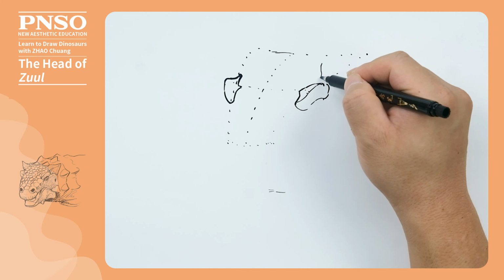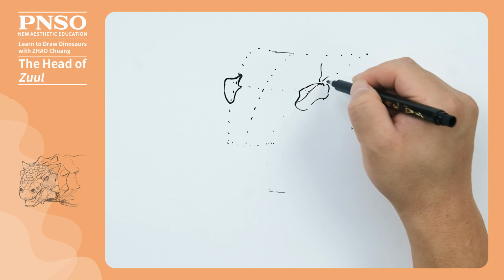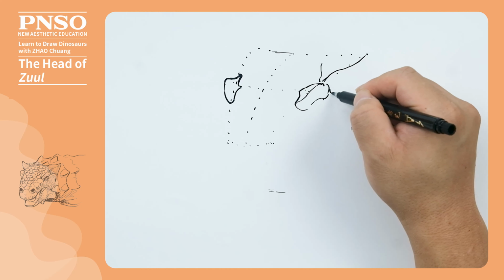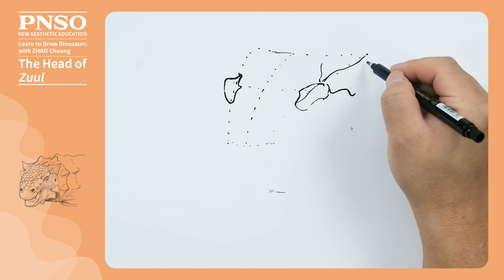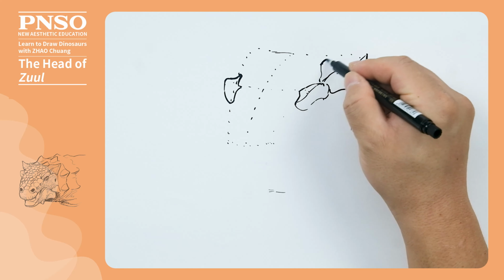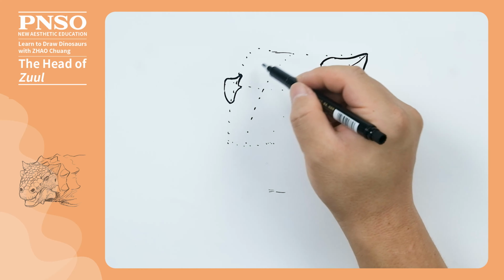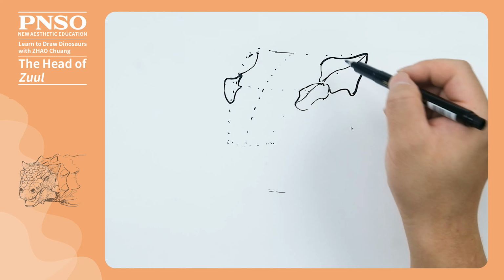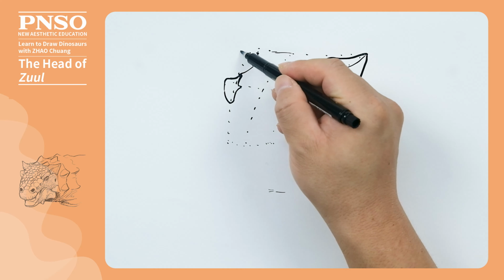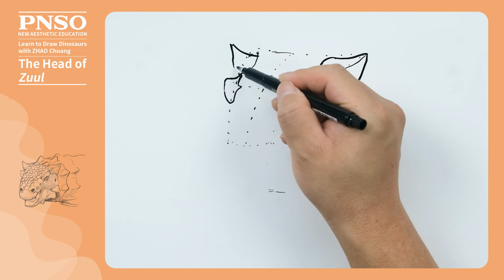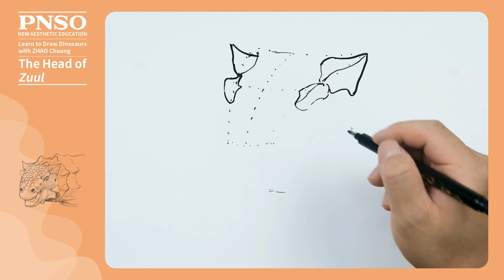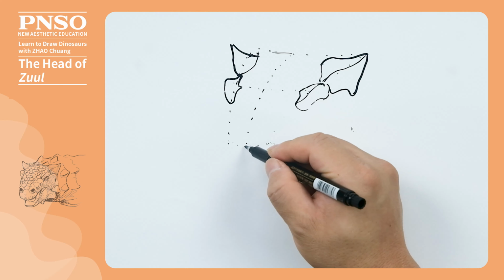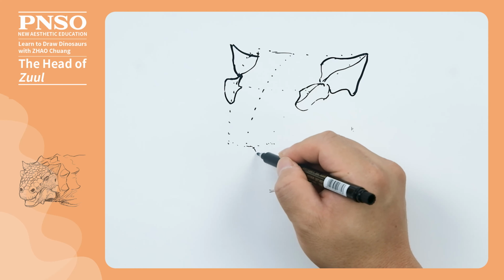A short horn followed behind this eyebrow-like plate. In the front, we draw the beak here.